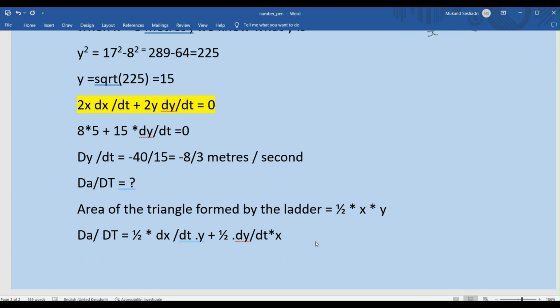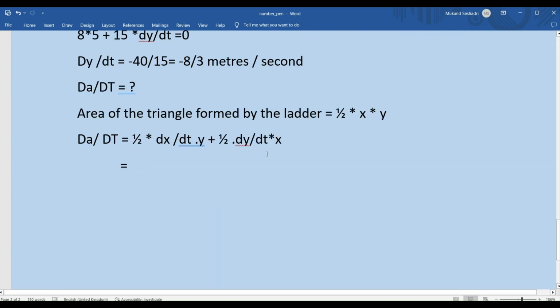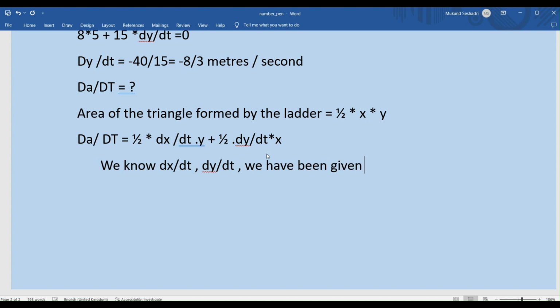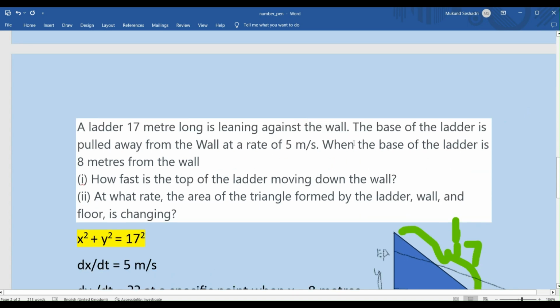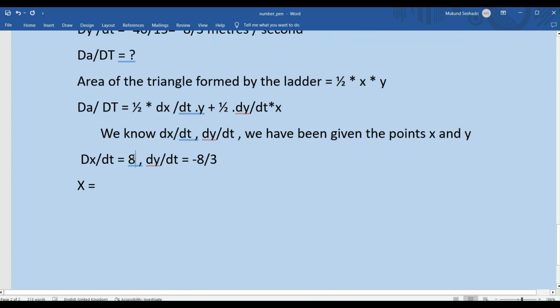So folks, here we are. We know dx by dt, we now know dy by dt, and we have been given the points x and y, right? dx by dt is 5, dy by dt is minus 8 by 3, and at the point x is 8 and y is equal to 15, right?